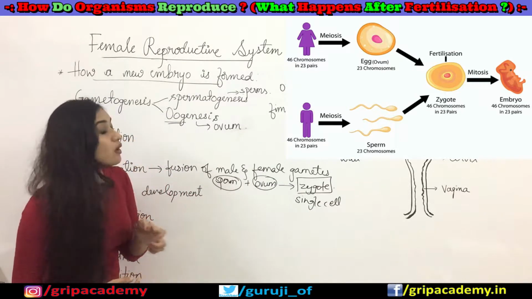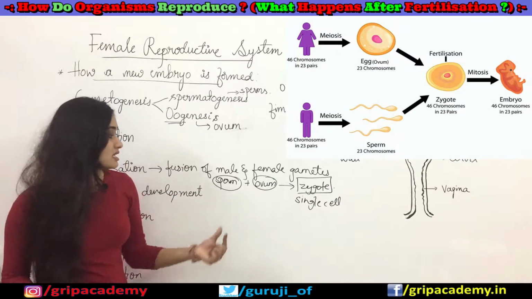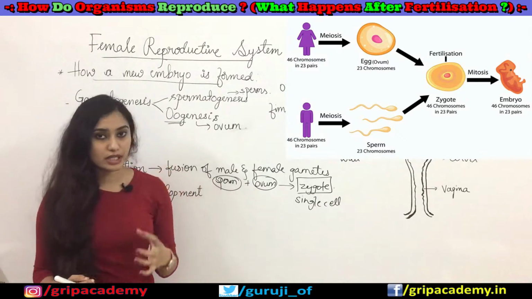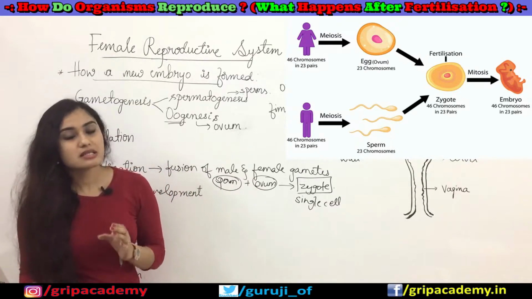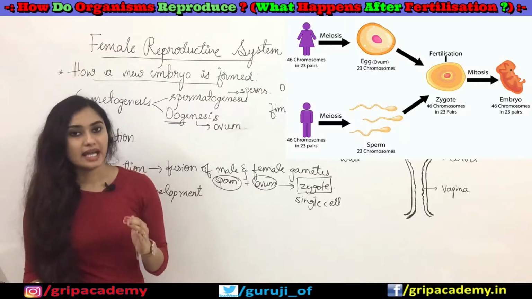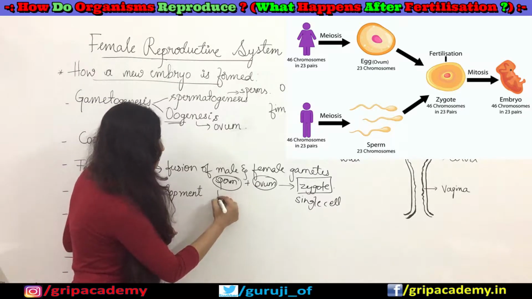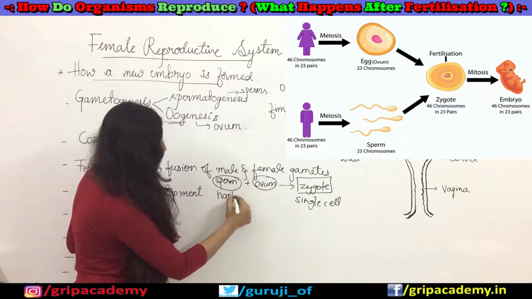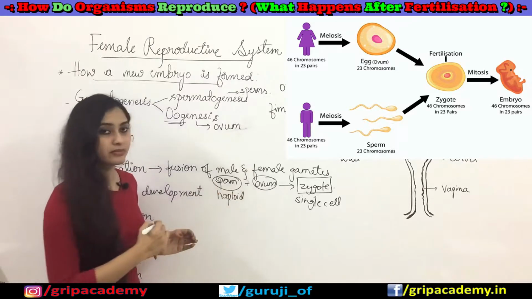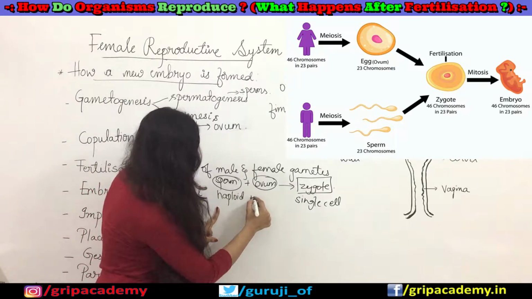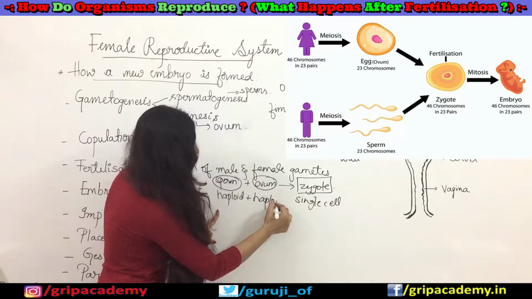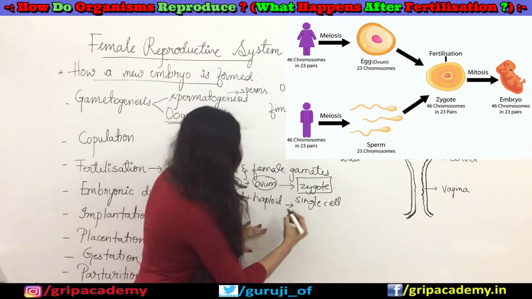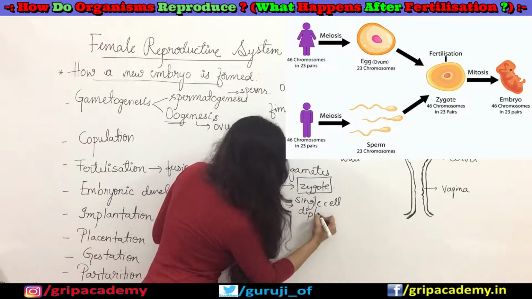See, you are already aware that the sperm and ovum are produced by meiosis type of cell division, and hence they have half the number of chromosomes, so we call them haploid cells. When a haploid cell combines with another haploid cell, it leads to the formation of a diploid cell.